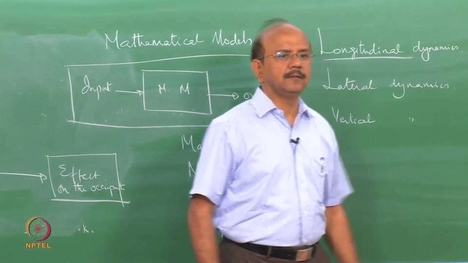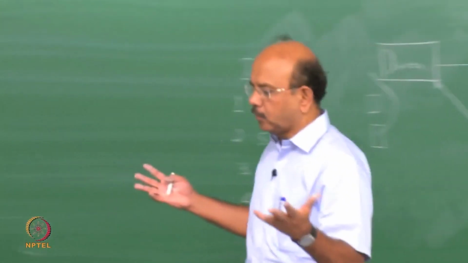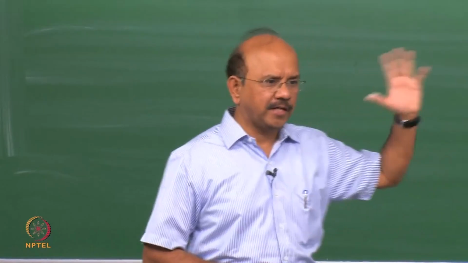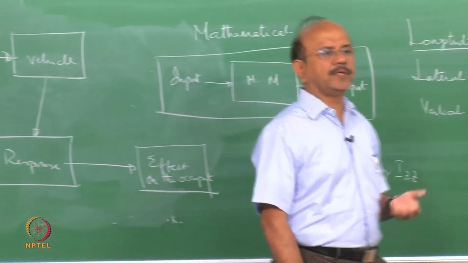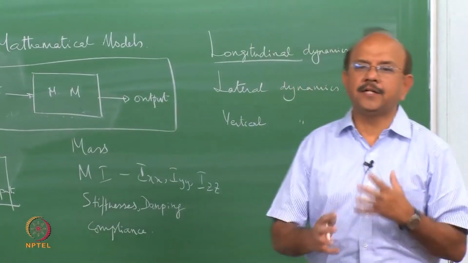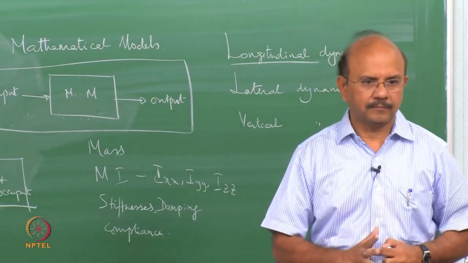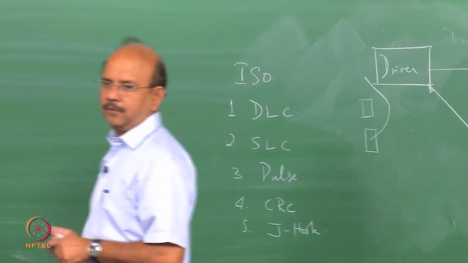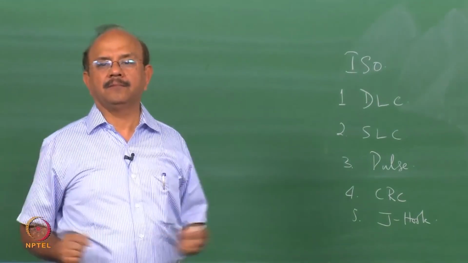So, what are the outputs that we are going to look at? Ultimately, as I said, I want to look at comfort level and safety. The whole idea of studying vehicle dynamics is to study safety, economics and so on. Let us take the condition of braking. Let us say that I see some obstacle suddenly and I want to brake the vehicle. I said that I want safety during braking.